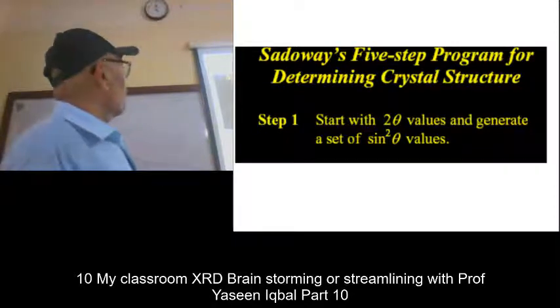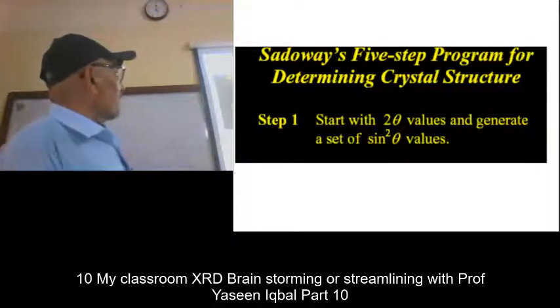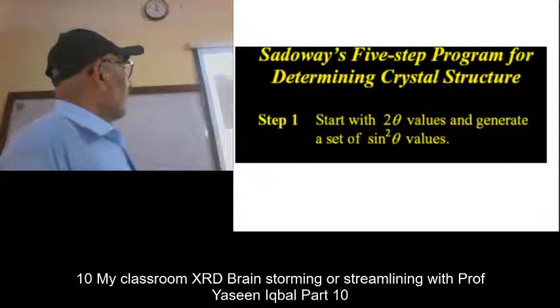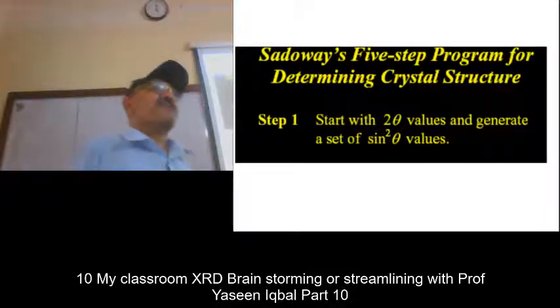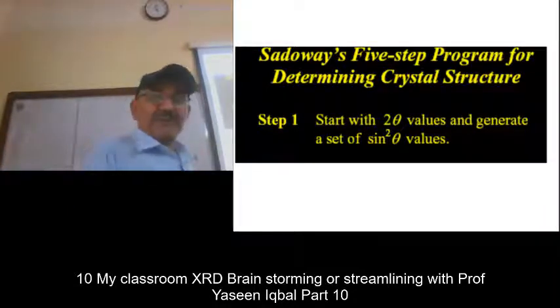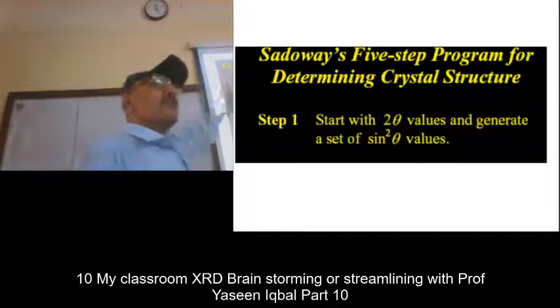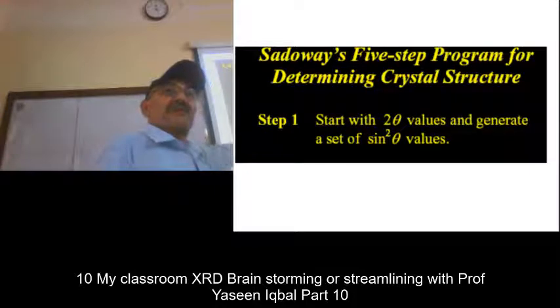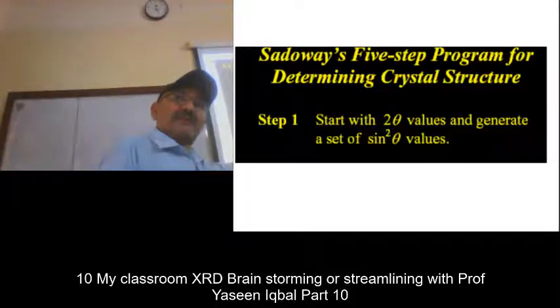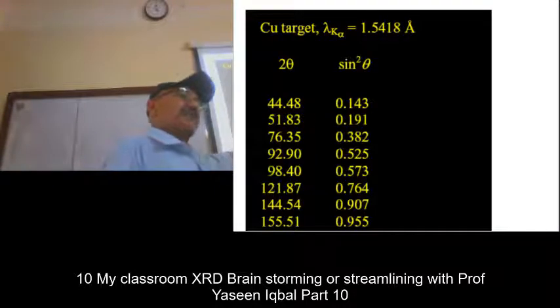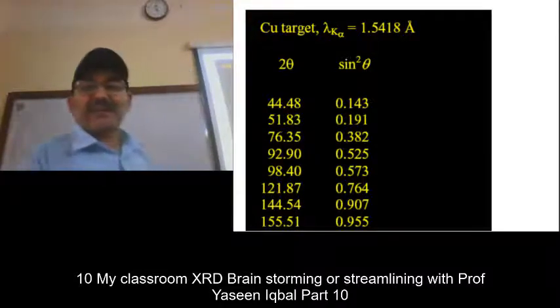How? Step 1, start with 2 theta values and generate a set of sine square theta values. And this is the sine square theta values for these values of 2 theta. Look at this, how intelligent those people were. From only angles, he is deriving the structure.